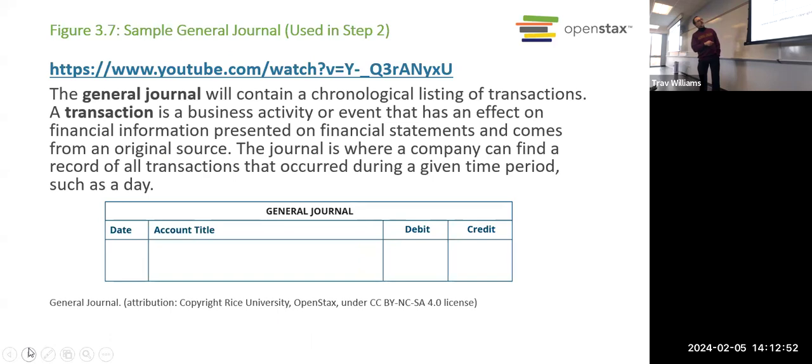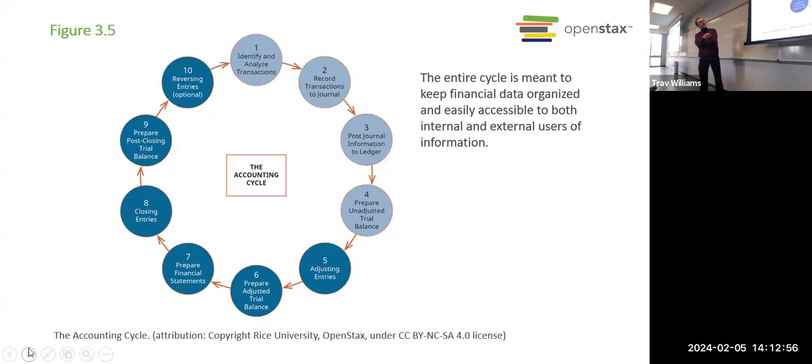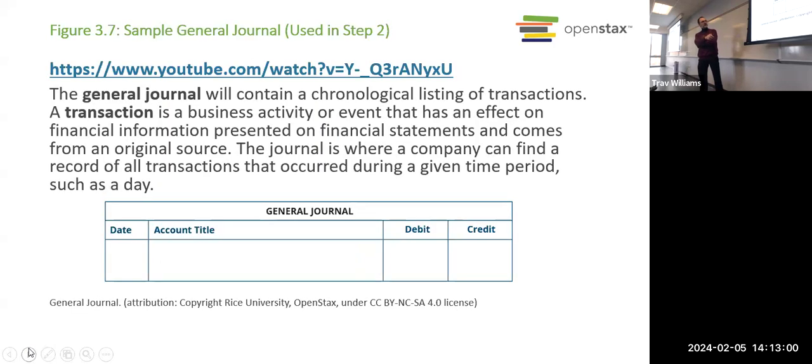All right. So the journal, that was step 2, right? After you identify and analyze your transactions, you record them into the journal. And like I said, we don't really use a book anymore. Most companies computerize their accounting. In fact, a lot of them automate it so that it just happens automatically.